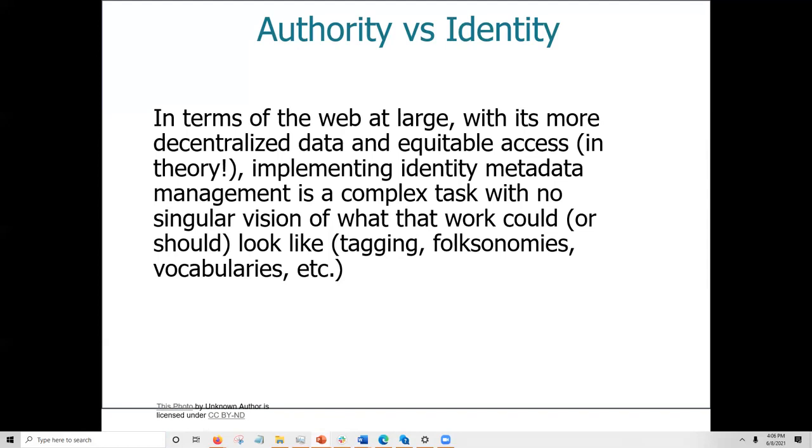The other aspect of it is that identity management, especially identity metadata management, is a very complex task. And there's really no singular vision of what that work could or should look like.